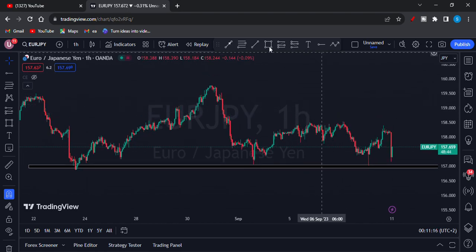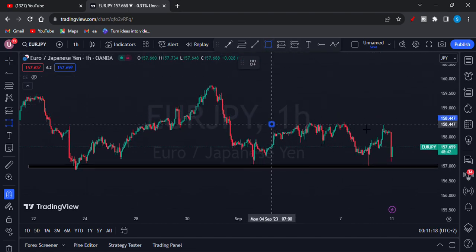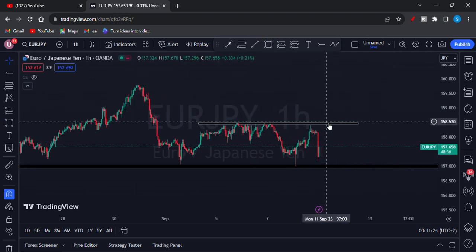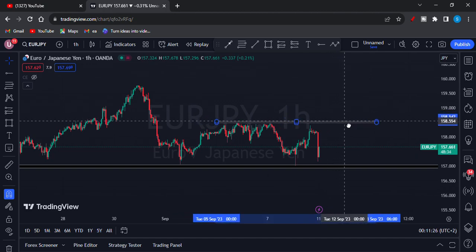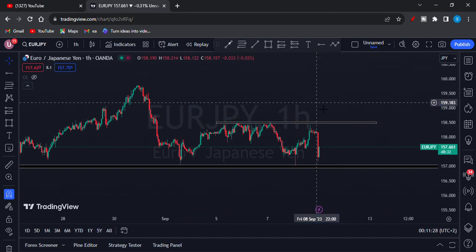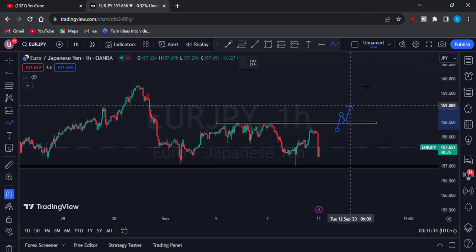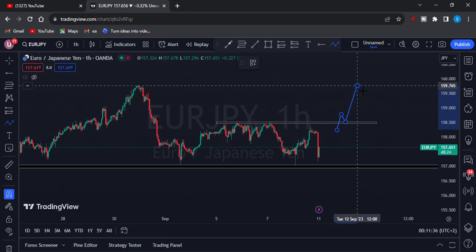And then again, we have this resistance area right there. Let me just adjust this. So if we are pushing to the upside, we can expect a break and retest potentially up to here.